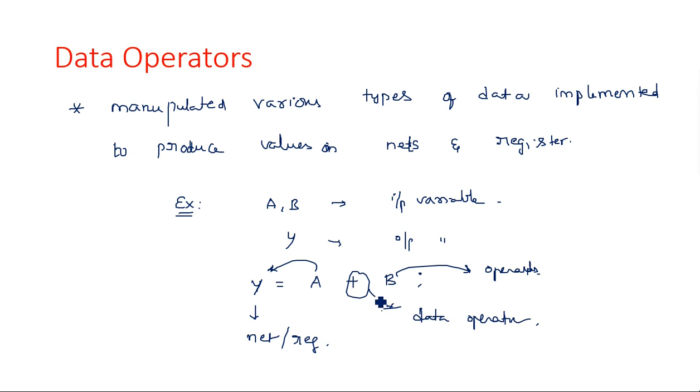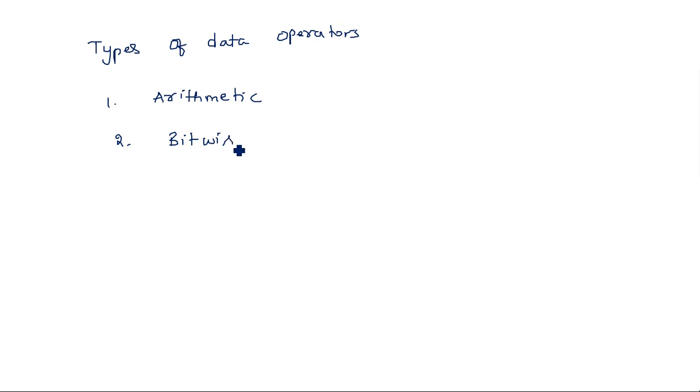There are several data operators, and I will explain all of these. Types of data operators. First one, arithmetic. Second, bitwise. Third, reduction.